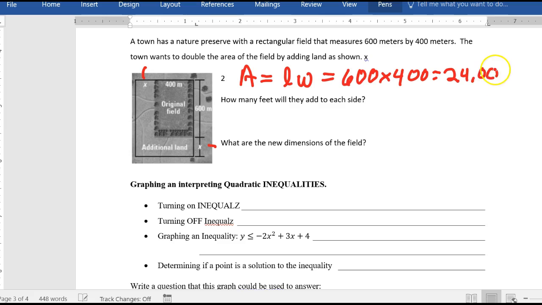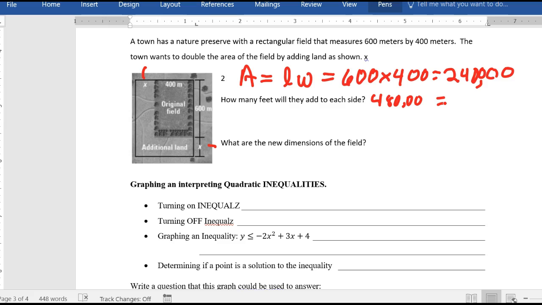So the original area of this park or nature preserve is 24,000 square meters. Oh, excuse me, I left a zero out. It's 240,000 square meters. So they want to double that, so that means the new area is going to be 480,000 square meters, which is going to be the new length times the new width.